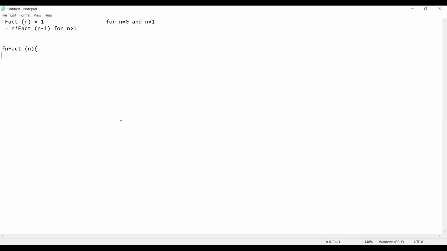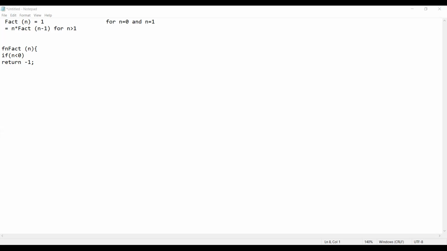According to the condition, if this condition is satisfied, then according to the rule it will return -1. So I write down return -1. Otherwise, go to the next condition, that is, we check the base criteria. The base criteria according to the rule is if n equal to 1 or 0, right?